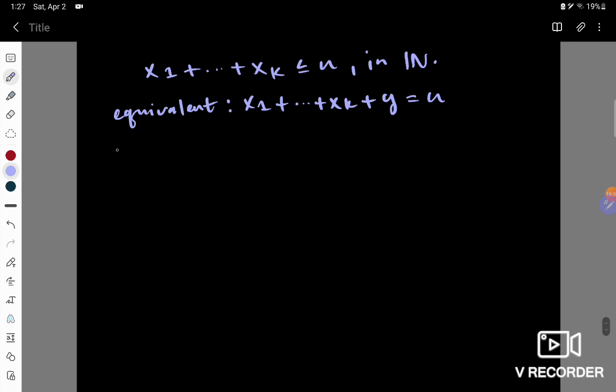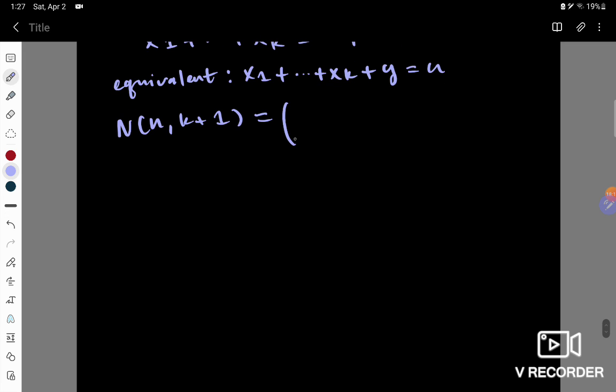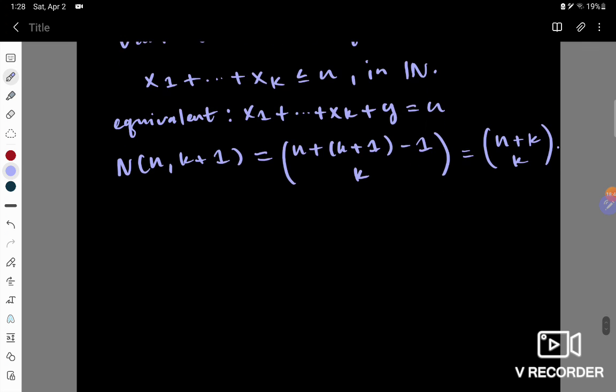So now the number of solutions is N(n,k+1), which equals, sort of more complicated now, n plus k plus 1 minus 1, choose k, because we have k plus 1 and then we take minus 1, so those cancel. And conveniently enough, n plus k choose k. Cool. So we have this formula here.